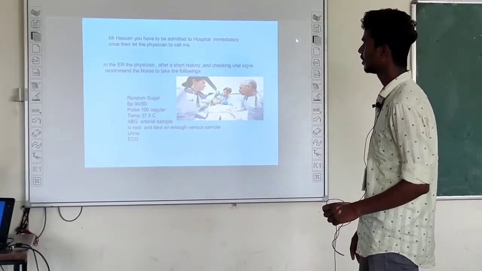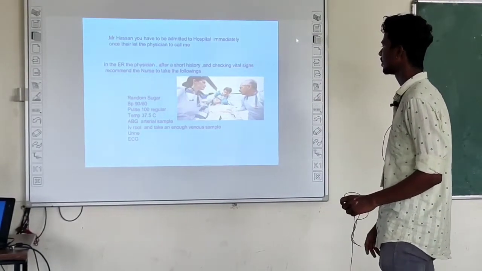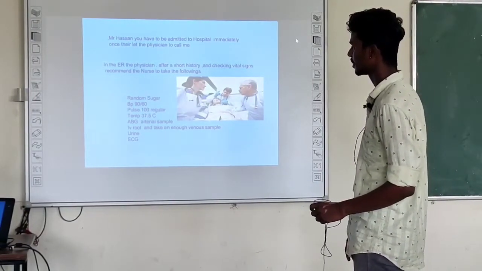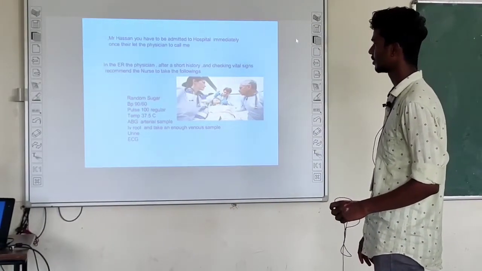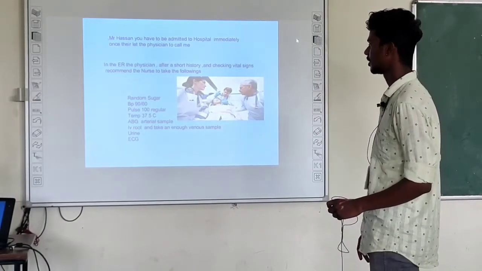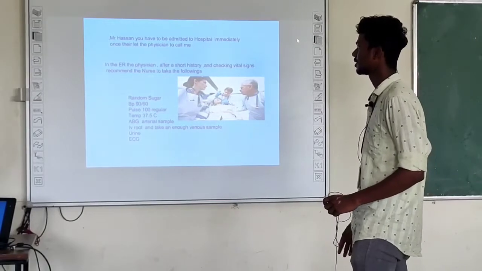In the ER, the physician takes the history, checks the vitals, and recommends to the nurse to do the following: random sugar, BP 190/60, pulse 100 regular, temperature 37.5, ABG, arterial samples, IV route, venous samples, urine, ECG.